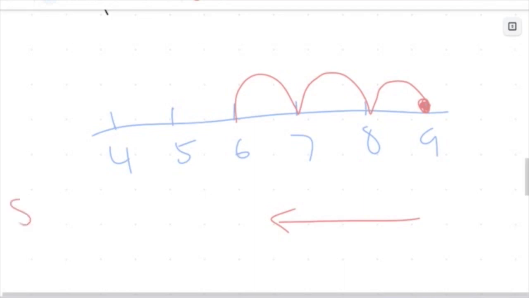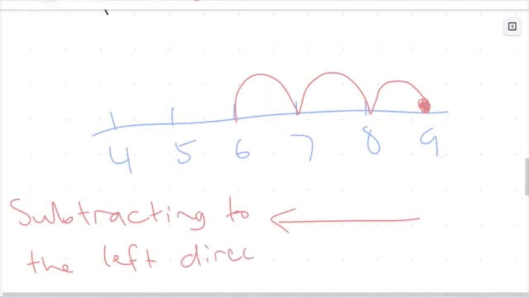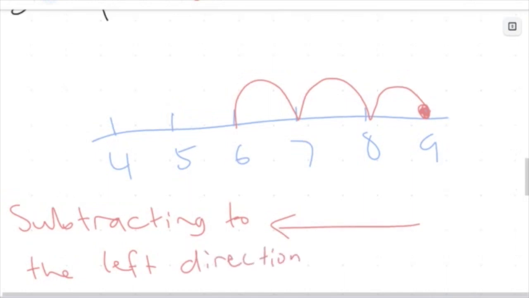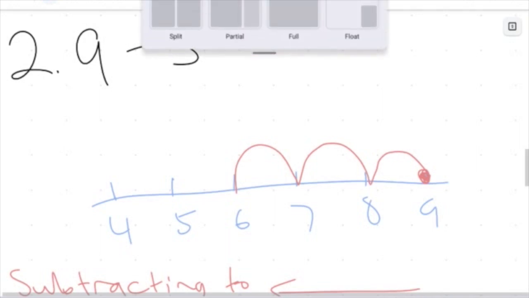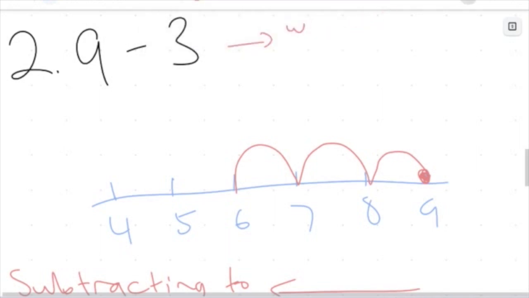Subtracting to the left direction. Cool. So here I've just found 9 minus 3, or in other words, let me write it down here, what is 3 less than 9?